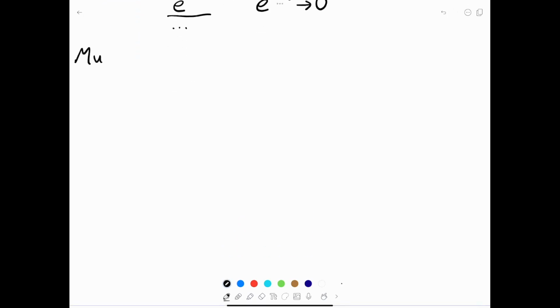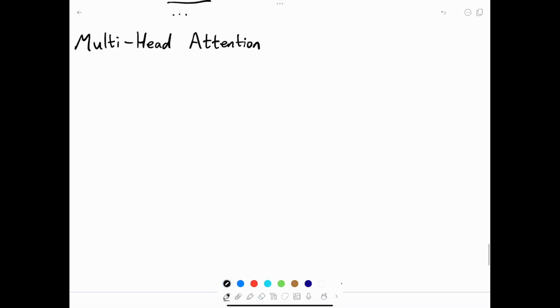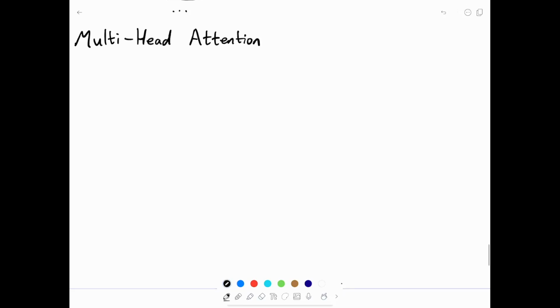Now we want to talk about multi-head attention. And this is actually a very simple modification of single-head attention, which we've been doing. So the idea of multi-head attention is that language has multiple aspects within the same sentence. So for example, if I have the text, I took a walk at the park, in the park at noon.